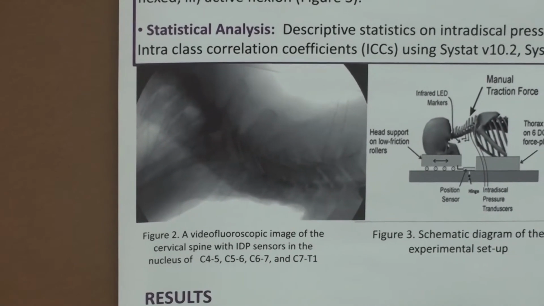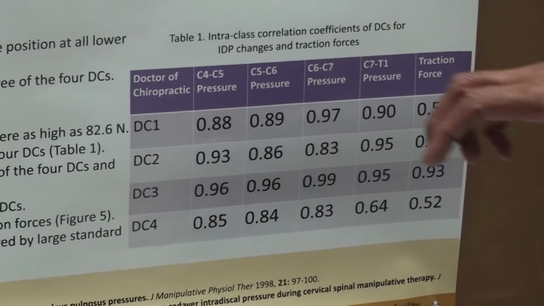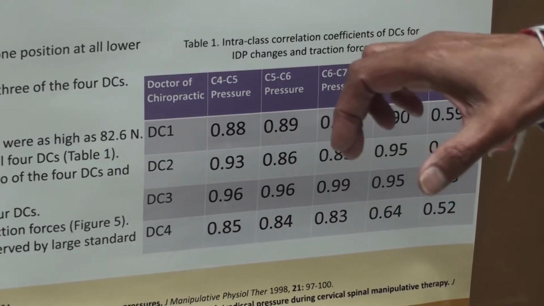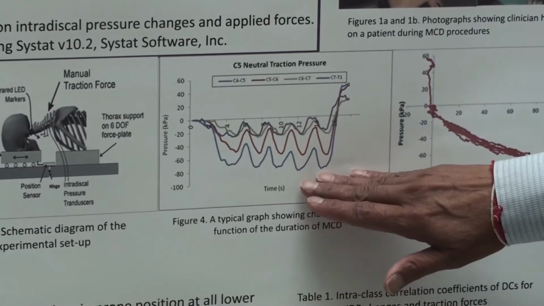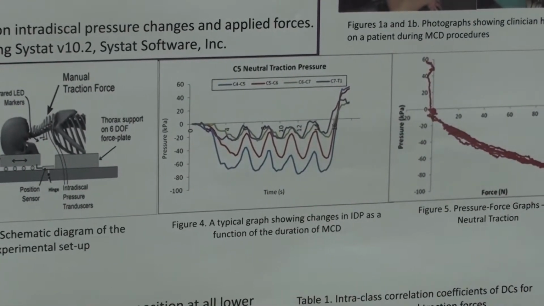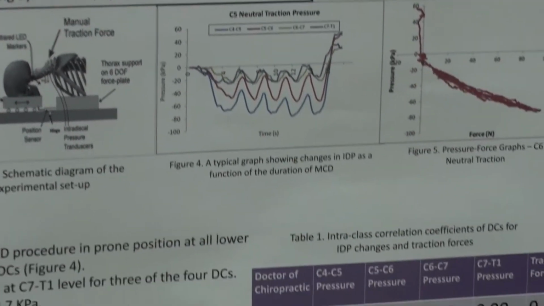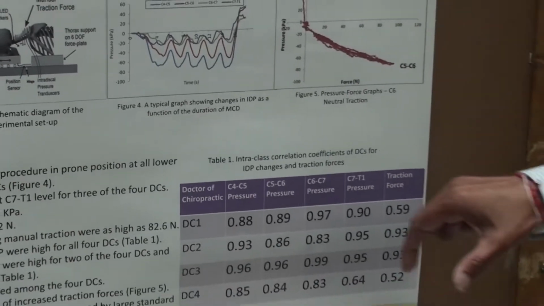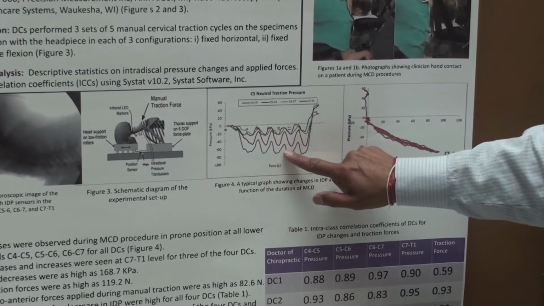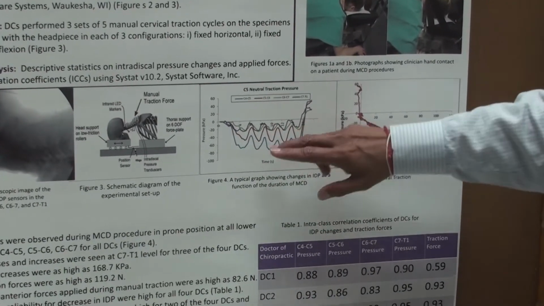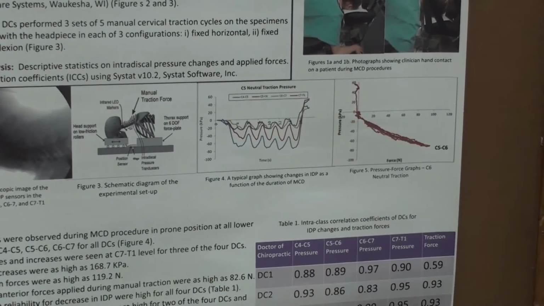When 4 experienced chiropractors applied this traction procedure, we recorded the changes in the intradiscal pressures, and these are shown here. As the doctor is applying traction and releasing, traction and releasing, the pressures decreased as a function of the treatment in all the 4 discs.